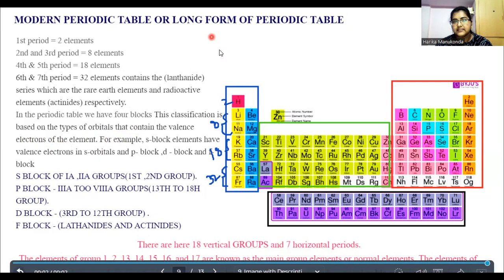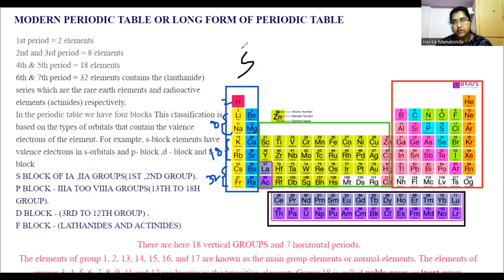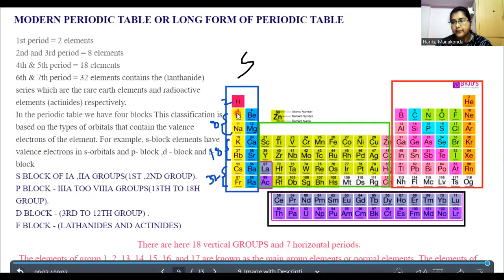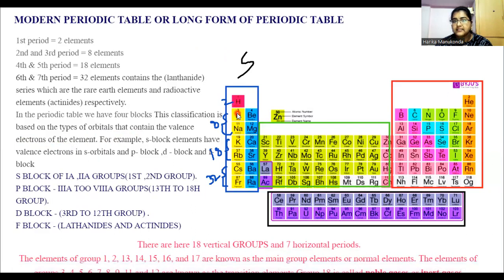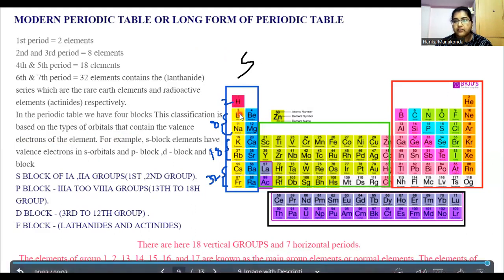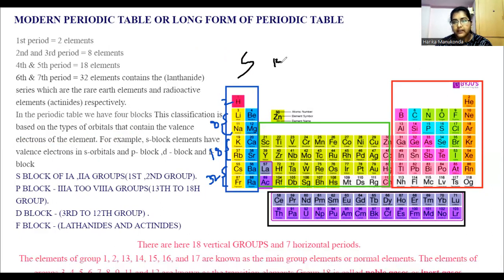In the same way, lithium, with atomic number 3, has 1s2, 2s1. So the valence electron stays in the s orbital. That's why it is placed in the S block.